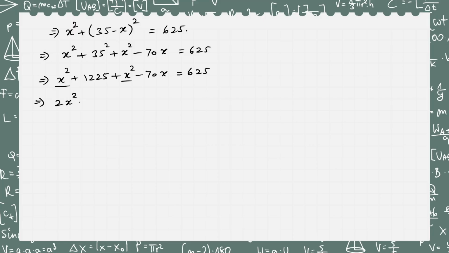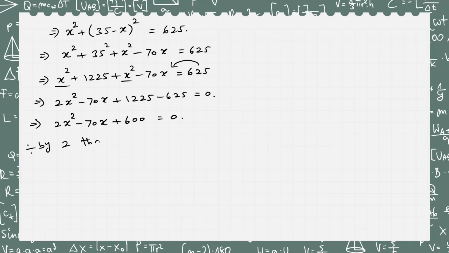So 2x square minus 70x plus 1225, bringing this 625 to the other side, it becomes minus 625, right? That is equal to 0. There is nothing on the right side now. So we get 2x square minus 70x plus 1225 minus 625, which is 600. So this is equal to 0. Since all coefficients are multiples of 2, we can divide by 2 throughout.